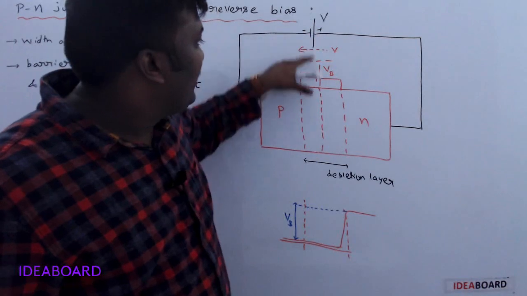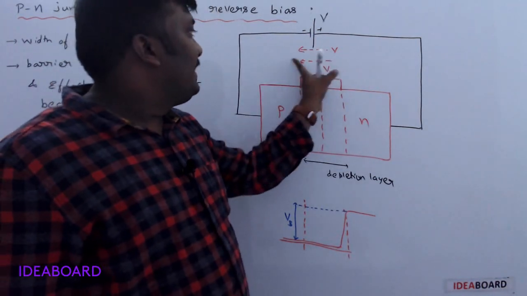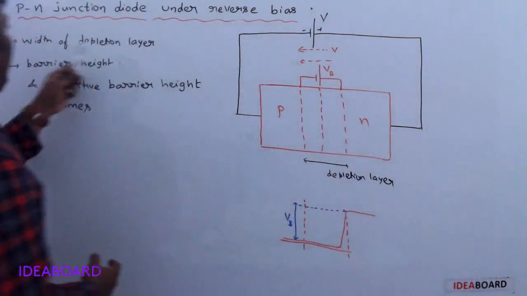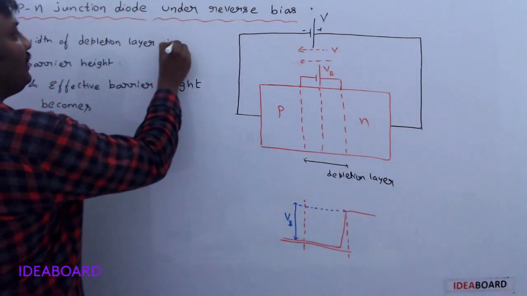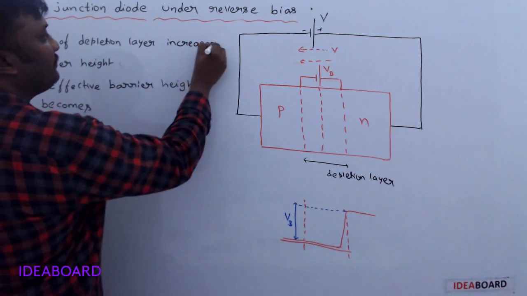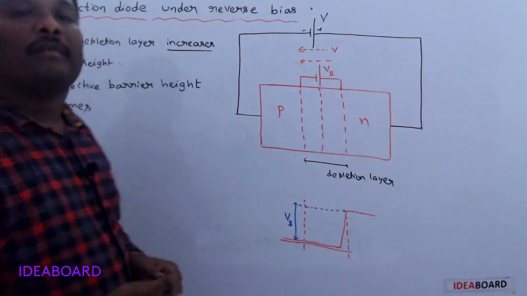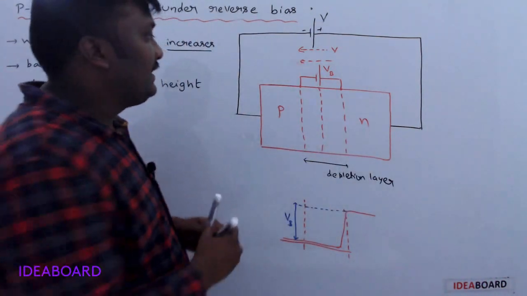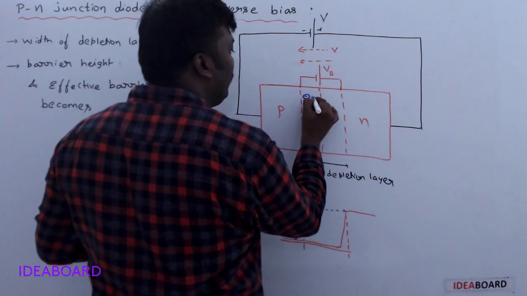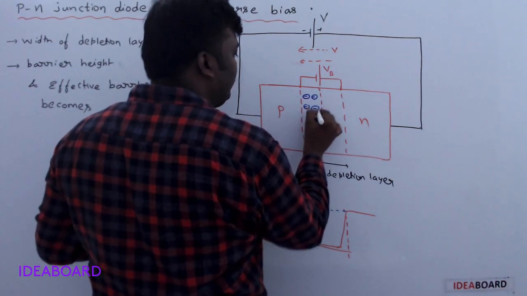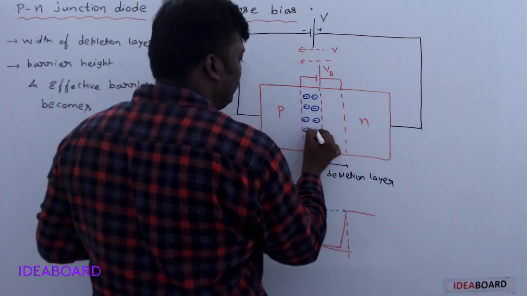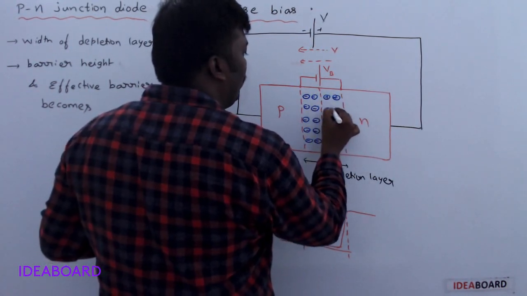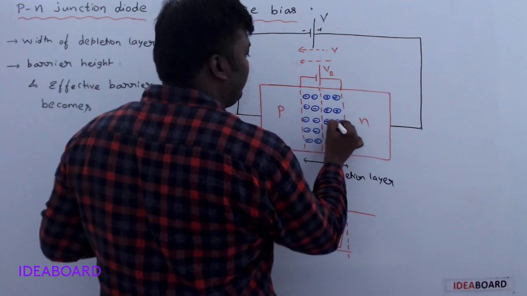Understand? So VB and V are in the same direction, so the width of the depletion layer increases. This layer increases, indicating more acceptor ions here and more donor impurities there.